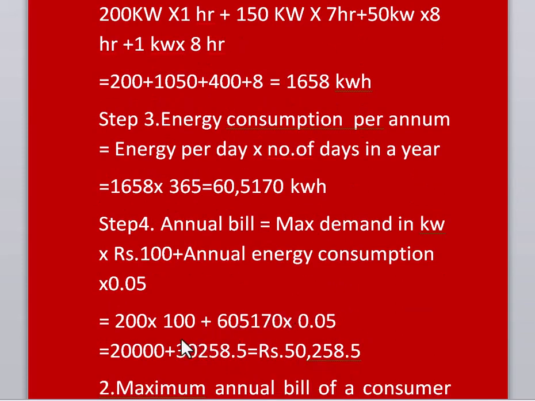So here for maximum demand the rate of charge is 100 rupees per kilowatt. Here it is 200, so 200 into 100 rupees. That is the bill corresponding to the maximum demand.